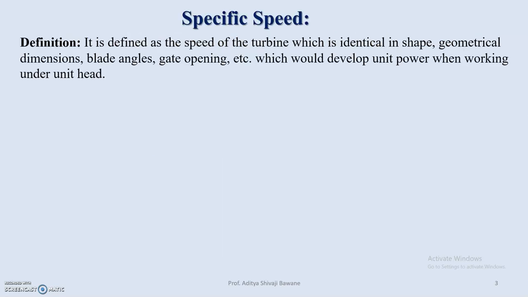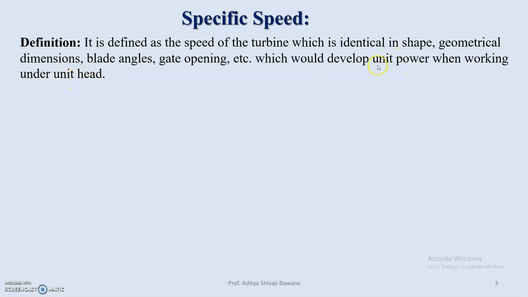So the definition of specific speed: it is defined as the speed of a turbine which is identical in shape, geometrical dimensions, blade angles, gate opening, and which will develop unit power when working under a unit head. So what this term means is a particular speed for which unit power will be generated, and the head is 1 meter.